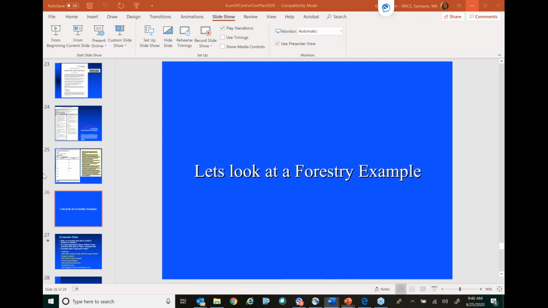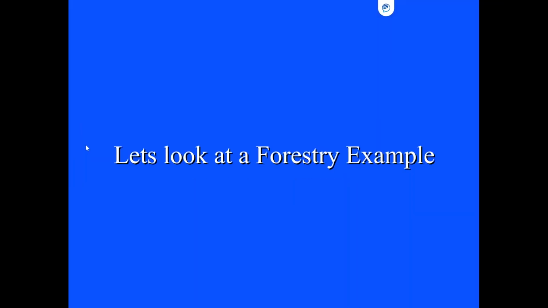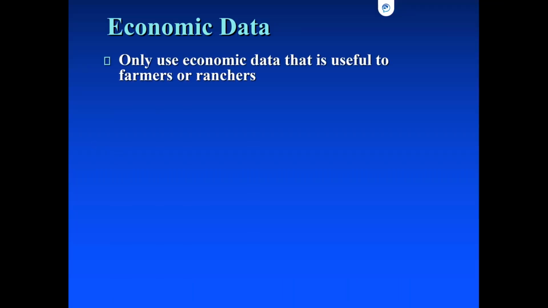So let's get back to our example. So economics data. Only use economic data that is useful to the farmer and the rancher. You know, if you get too much extraneous stuff in there, they tend to lose interest, get confused.